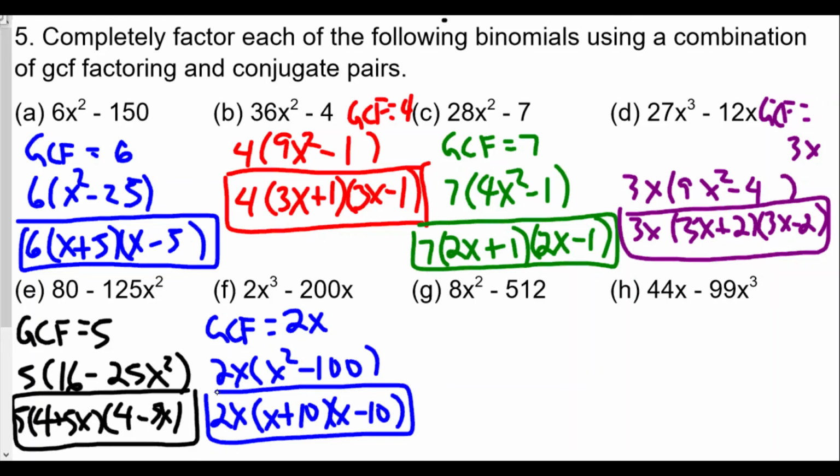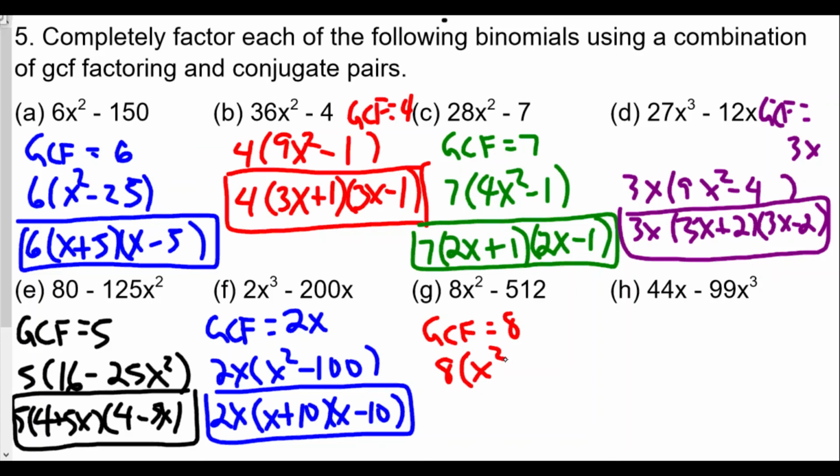All right, now for G. It looks like our GCF here is going to be 8. So let's divide. The GCF is 8, and we are going to get 8 divided by 8, and 8x squared divided by 8 is x squared. Now, 512 divided by 8.